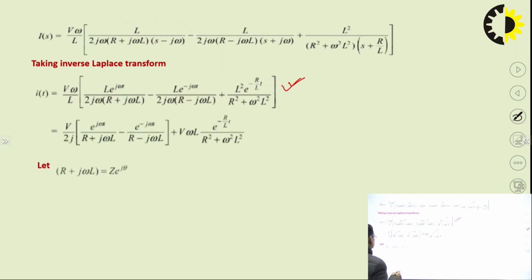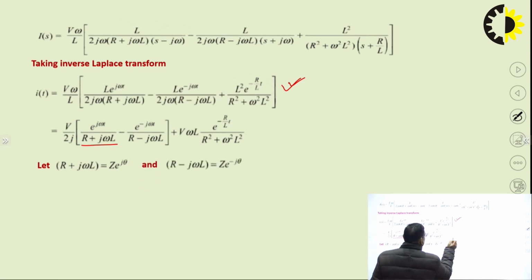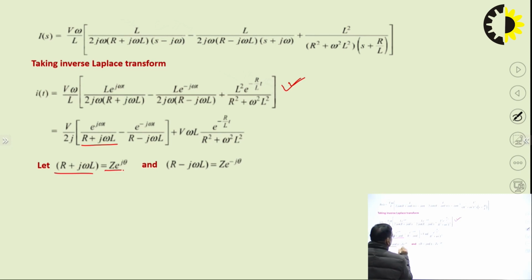Now let us go for the simplifications. Let R plus j omega L be Z at angle theta, and R minus j omega L be Z at angle minus theta. For simplification, I have assumed R plus j omega L is equal to this in rectangular form, and this in polar form.